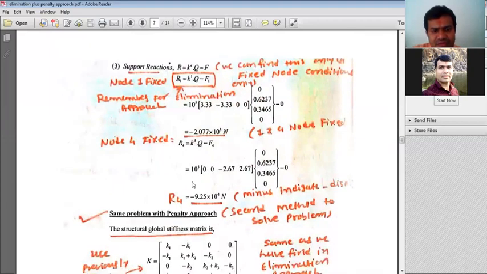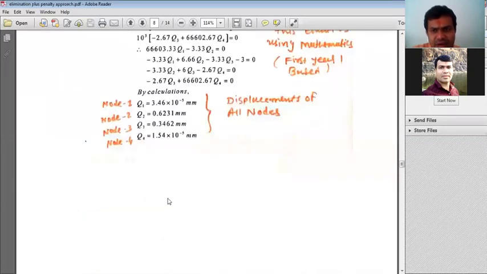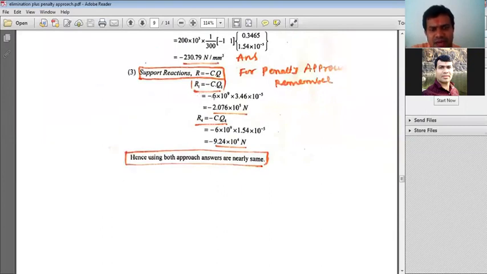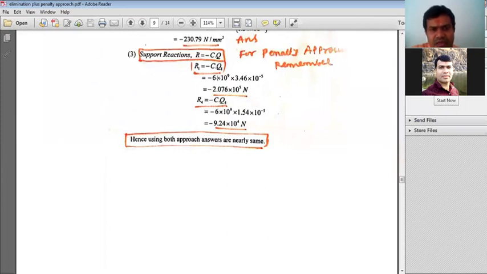R is equal to KQ minus F. And in the penalty approach, we have to use R is equal to minus C into Q. This equation we have to use in the example, C into Q. If A1 is given, then you have to subtract A1, if the maximum support movement is given. If not given, then simply C into Q1, and C into Q4 for the fixed nodes.